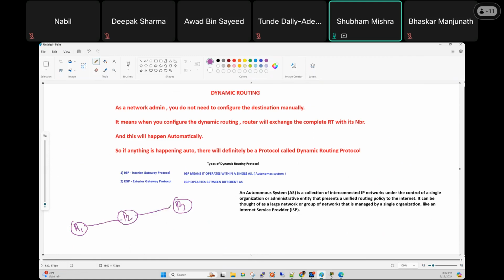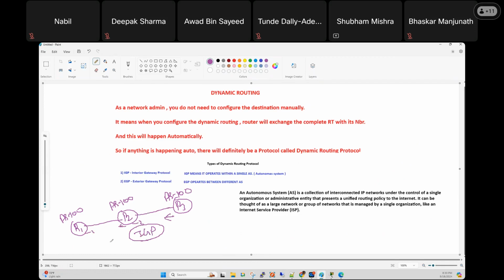Router 1 is part of AS number 100, router 2 is also part of AS 100, and router 3 is also part of AS 100. It means on all the routers the AS number is the same. So when you configure a dynamic routing protocol and all the routers communicate with each other, that is called IGP.